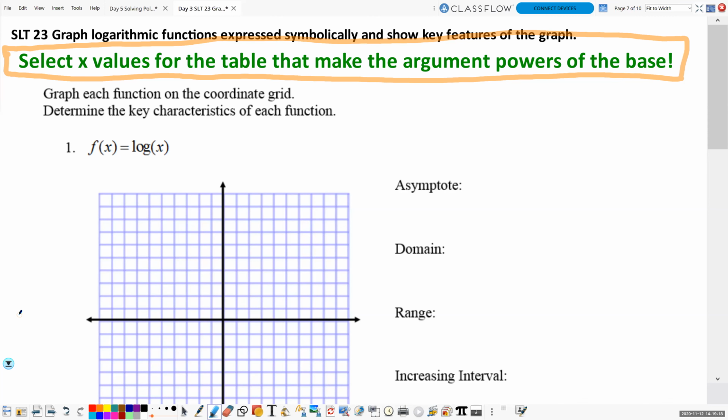I know we just graphed this, so just play along. It's like the teaching example.